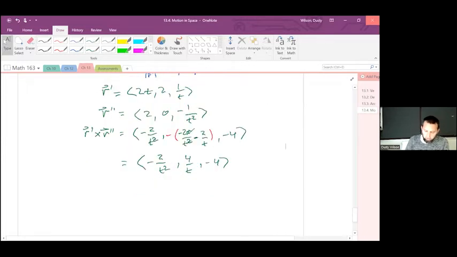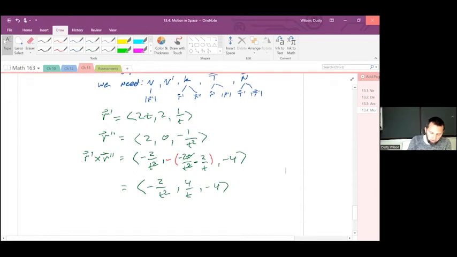So let's see, what do we need next? What have we found? We've got 1, 2, 3. So now maybe 4. Let's find the magnitude of r prime, which is also the speed function.